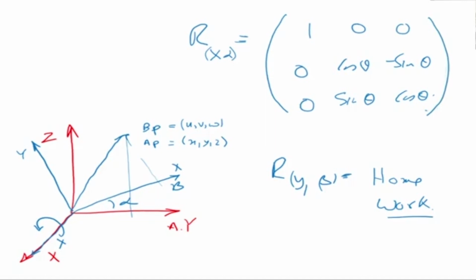Okay, so let's look at this now, that I'm going to rotate about the fixed axis. So there are two or three ways. One is called the fixed axis rotation, and the second is called the Euler angles. In the fixed axis rotation, we rotate always about the fixed axis x, y, or z.